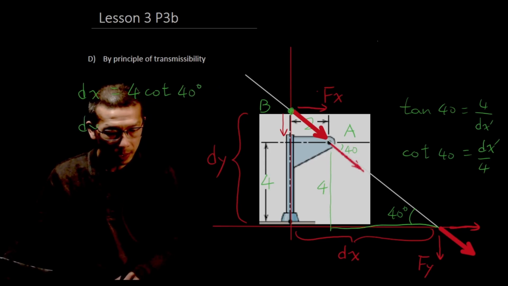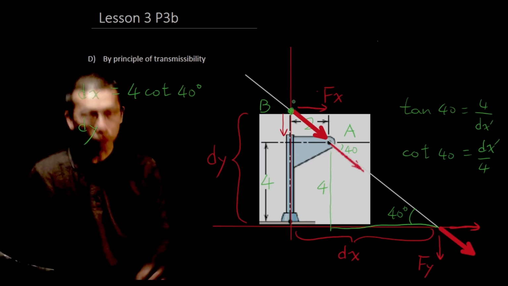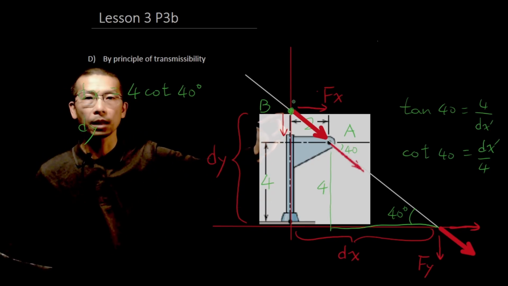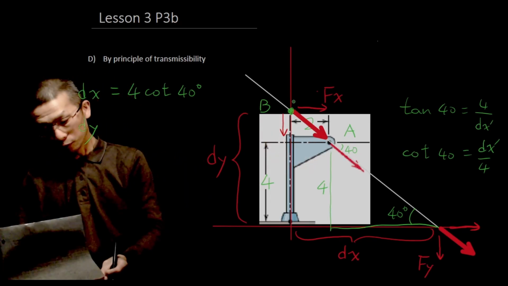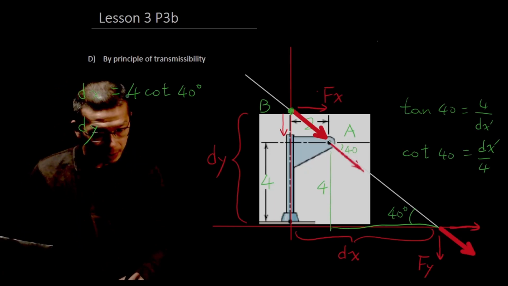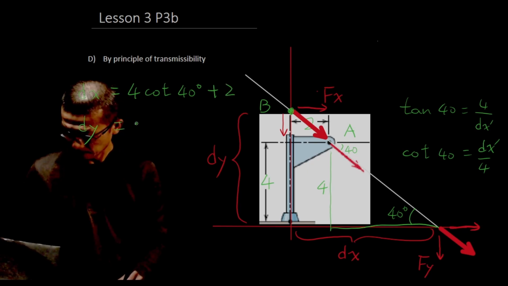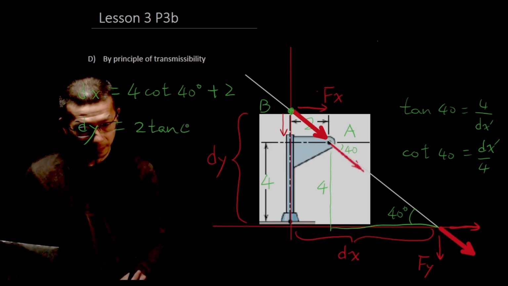And dy, similarly, this dy here equal to 4 plus this distance. And how much is that? Well, if we know this is 2, I'm going to read my notes so I don't get confused. It will be 4 plus, and don't forget about plus the 2, and here it's 2 tangent 40 degrees plus 4.